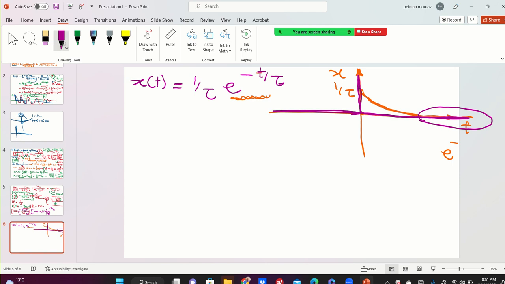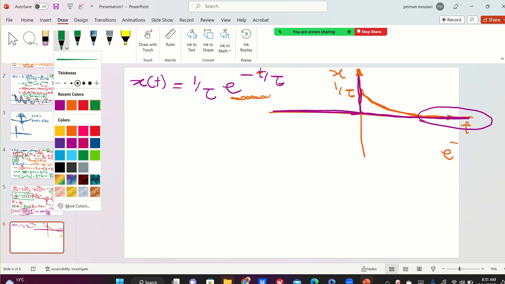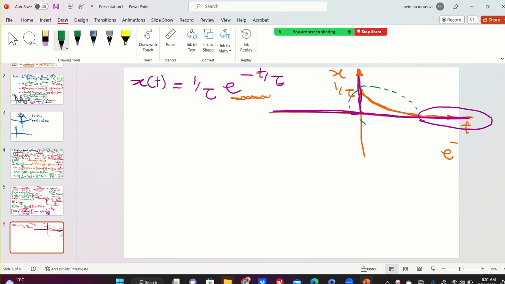So that's why we named this part the transient phase. Transient means vanishing. And here is steady state, which means the system settles down.